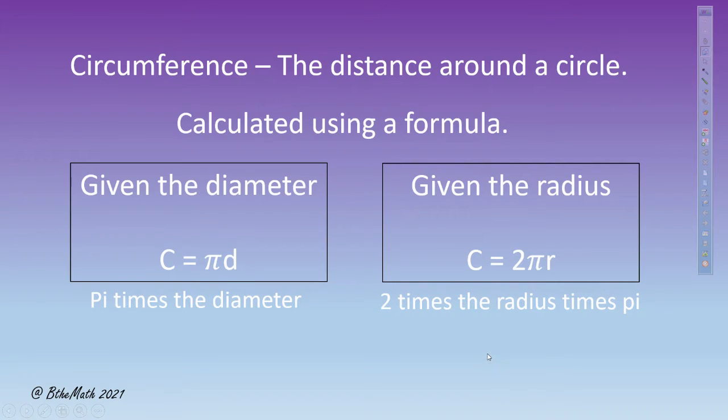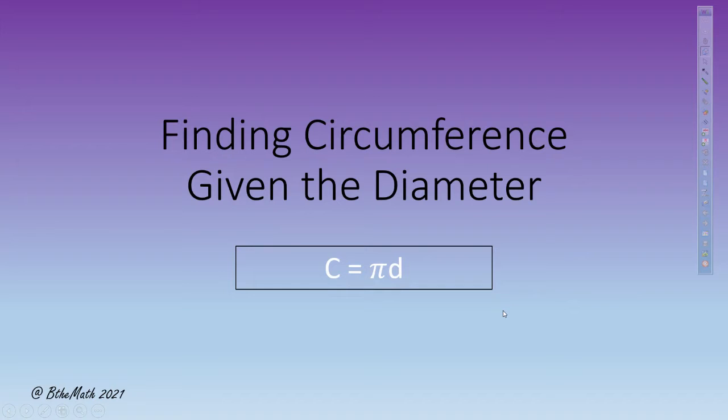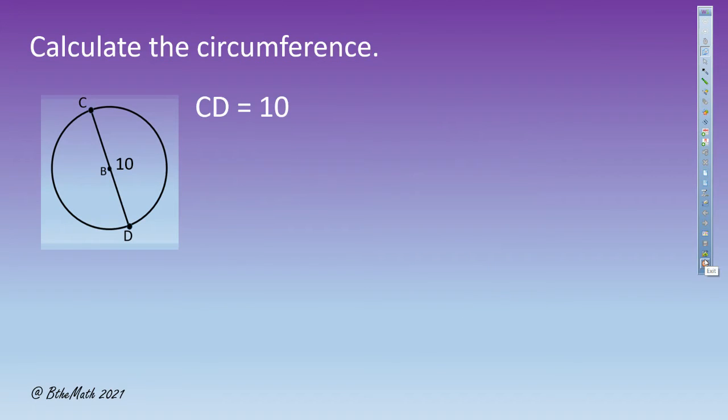So let's see how that works. If you're given the diameter, you use the formula C equals pi d, and you're just going to be multiplying. So let's calculate the circumference of this circle. Notice it's telling us that CD, the diameter, is equal to 10.